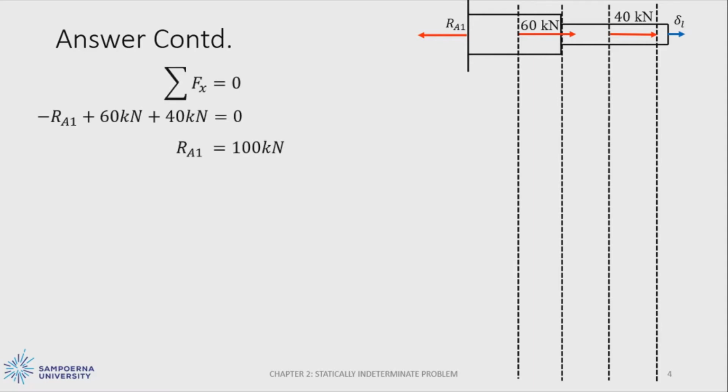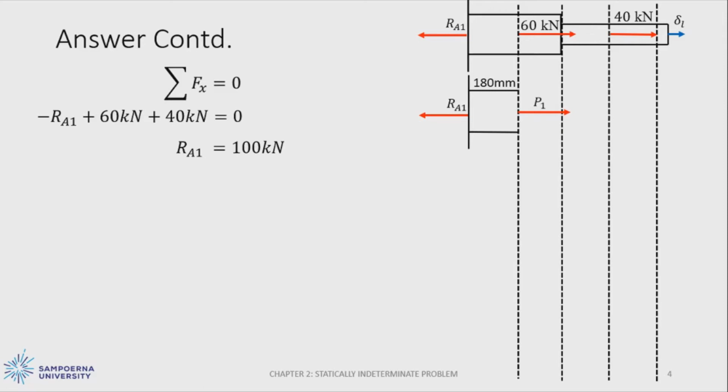To find the RA1, we can use sigma Fx equal to 0, which gives RA1 as 100 kN. Then we go to the first partition. To obtain the P1, we can use sigma Fx equal to 0 as well.